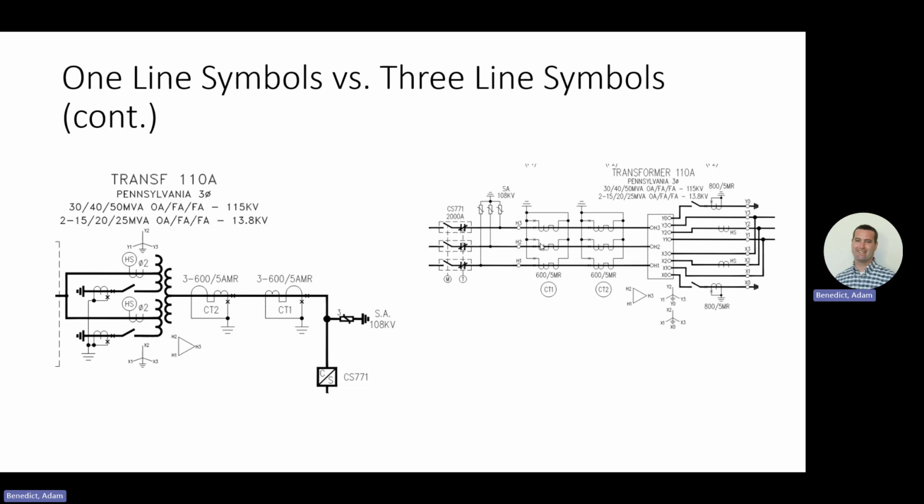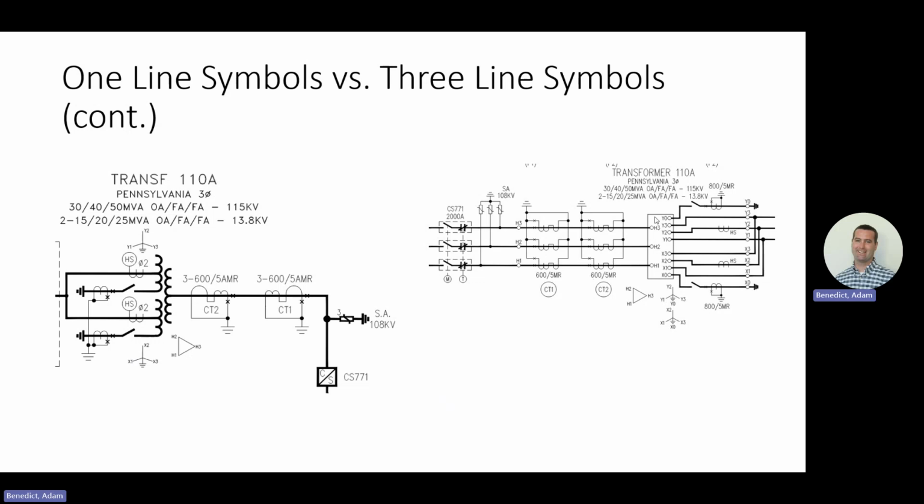If it's a slip-on CT, usually you'll see those on the other side of these symbols, indicating that it's not in the bushing itself. These are usually in the tank of the transformer, attached to the bushing, where a slip-on would be on top of the bushing. So that's why it would be shown to the left of these H1, H2, H3.